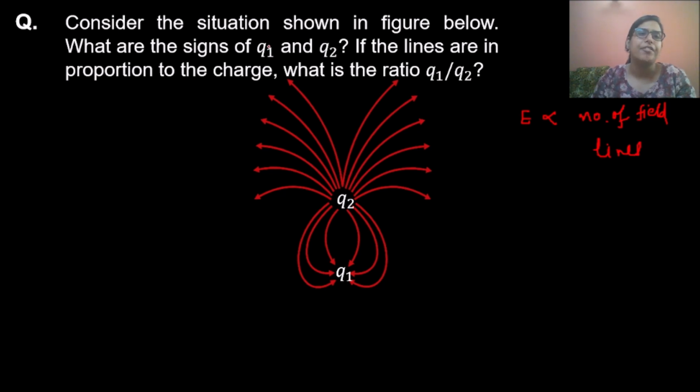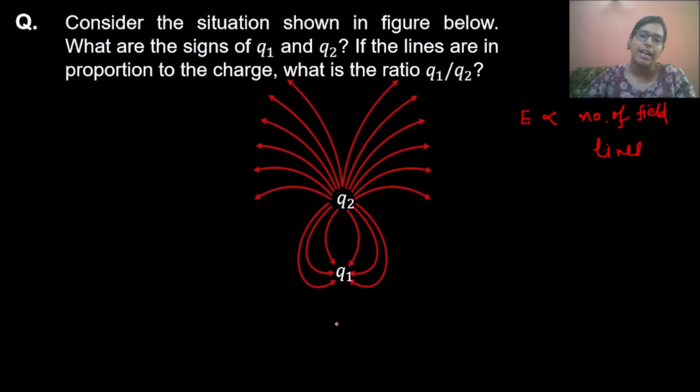Here we are given: consider the situation shown in the figure below. What are the signs of Q1 and Q2? If the lines are proportional to the charge, what is the ratio Q1 upon Q2? First of all, we have to calculate what the signs of Q1 and Q2 are.